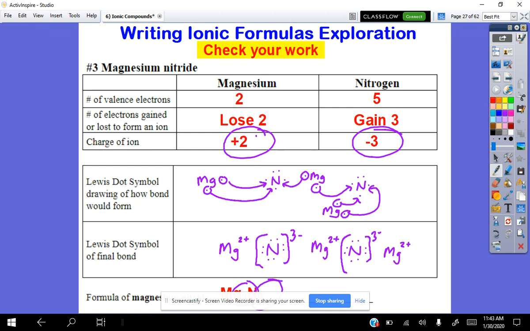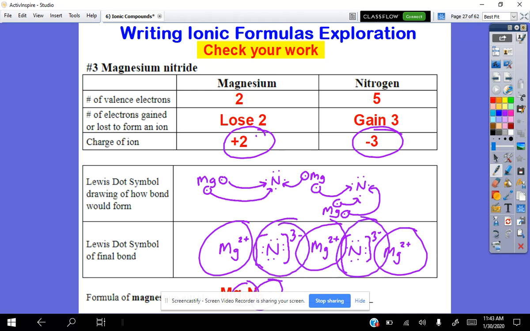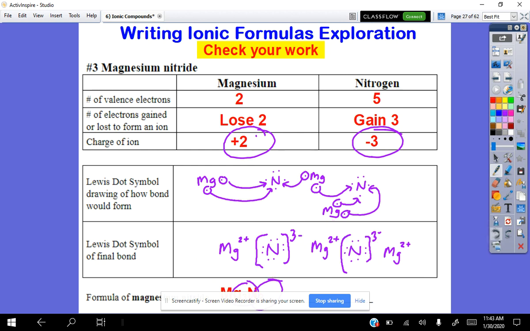Nitrogen had a -3 charge, but magnesium gets a number 3 as a subscript. Remember that when we drew these, we ended up with 3 magnesium and 2 nitrogen. So the only way to balance those charges is to have opposite numbers. We end up switching these numbers when we write our formulas.